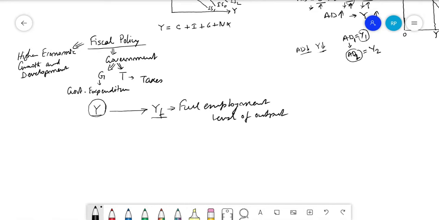Fiscal policy means the policy formulated and implemented by the government in the economy to achieve higher economic growth and development. Instruments of fiscal policy are the government expenditure, which is G, and the government taxes, which are T. We are taking the simple T here, not the tax rate. Tax rate we will take later on. Okay, so G and T.